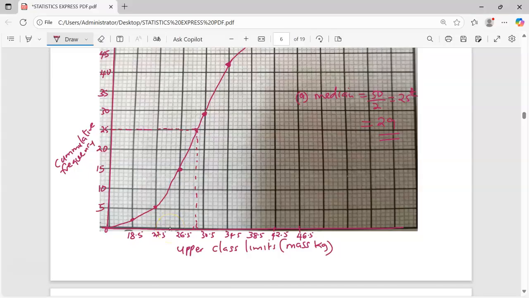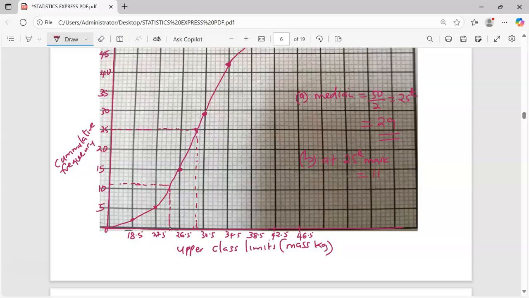Go up, then move towards the y-axis, and at 25 the value we have there is 11.